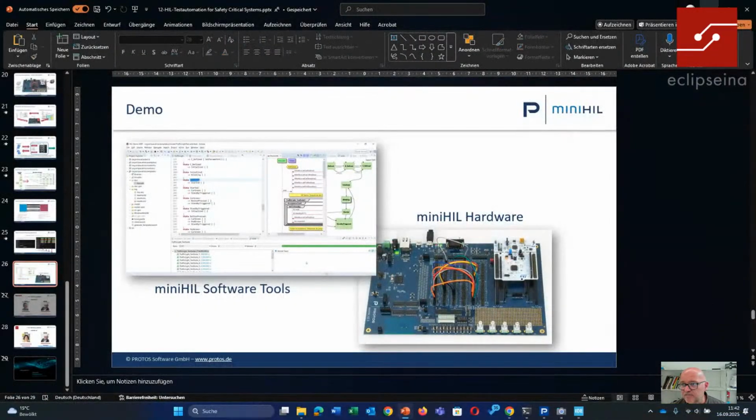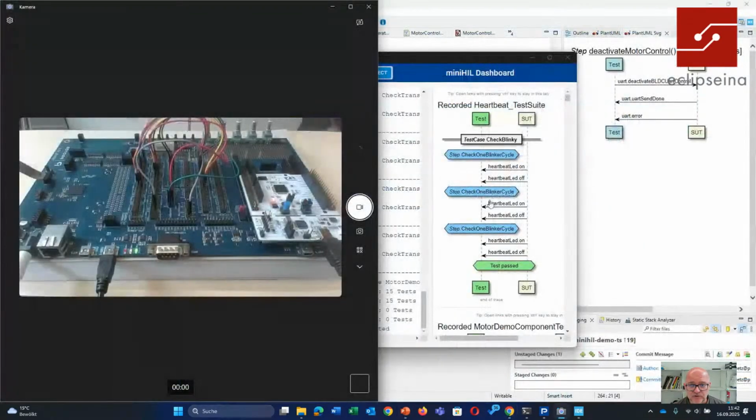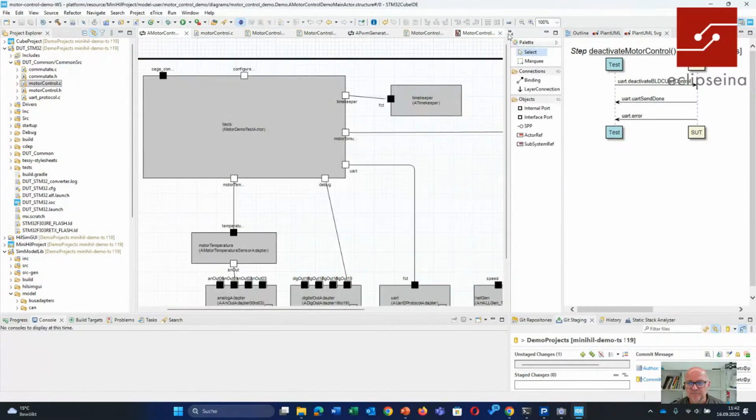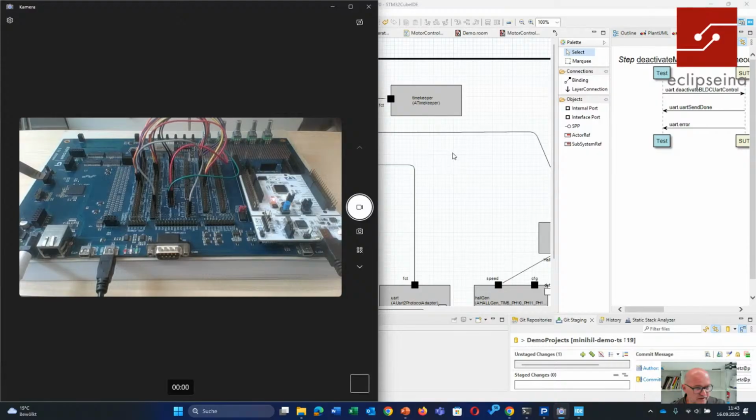Now, let's make a very small demo, just so that you get a feeling of what we do here. So I have my development environment. It's model-based, as I said before, and I have on my desktop here my miniHIL set up. As you can see, it's smaller than a piece of paper. That's actually the size of an A4 paper.